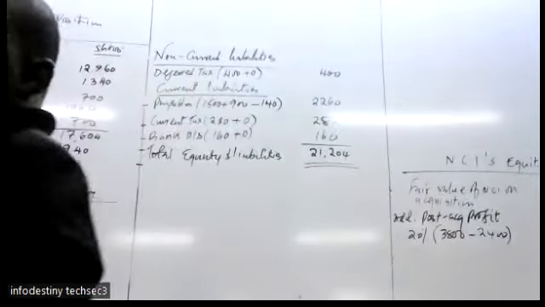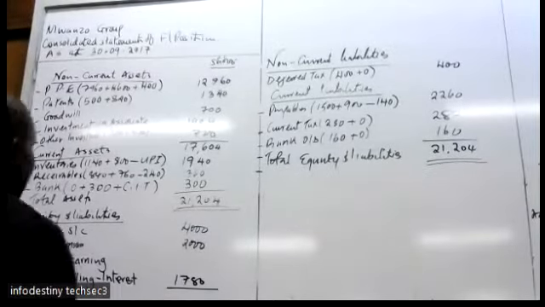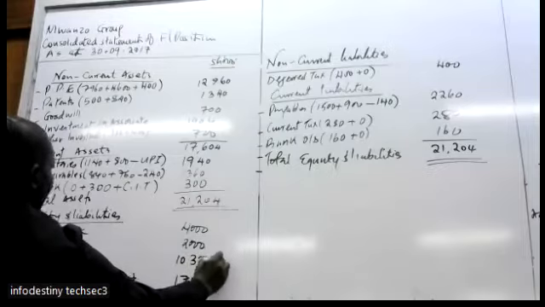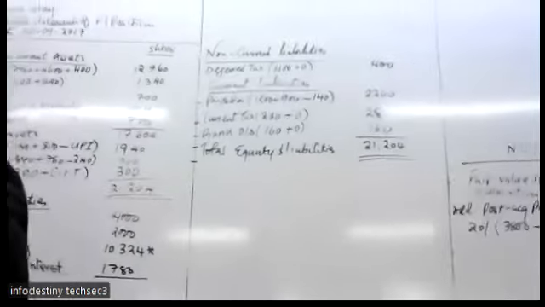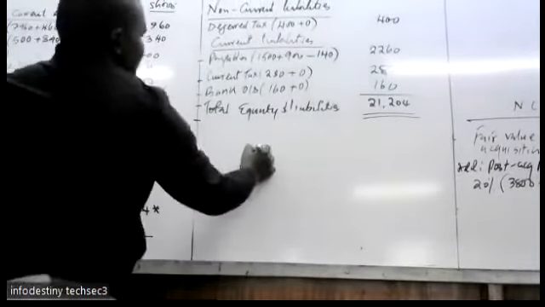If you fix the retained earnings, it comes to 10,324. Can we confirm? Yes, let's have retained earnings.